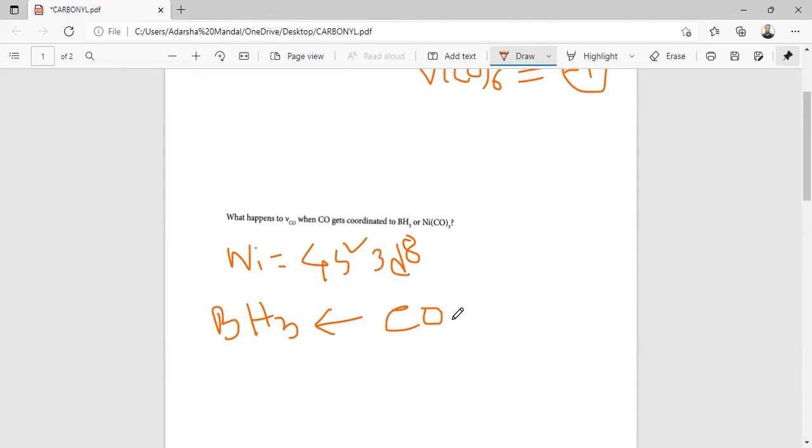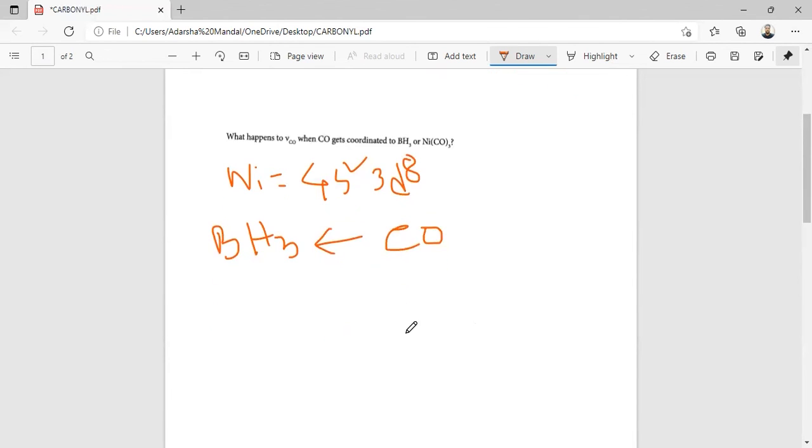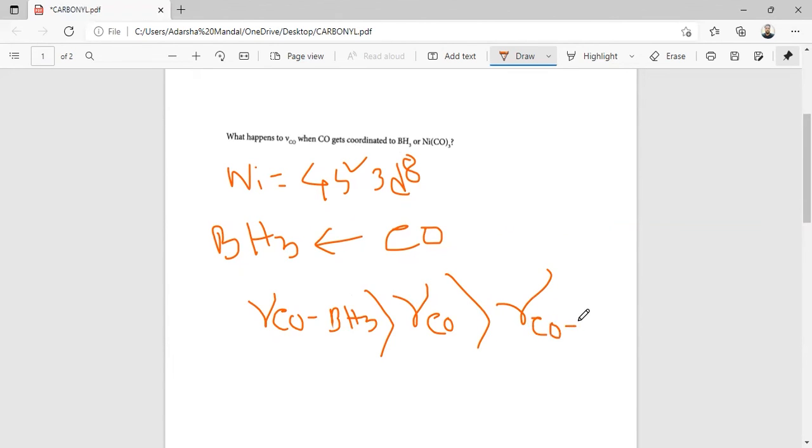So the CO bond order will be increased, and the stretching frequency of the CO is slightly increased compared to the free CO. So the stretching frequency of CO in BH3 will be higher compared to the CO in the nickel complex.